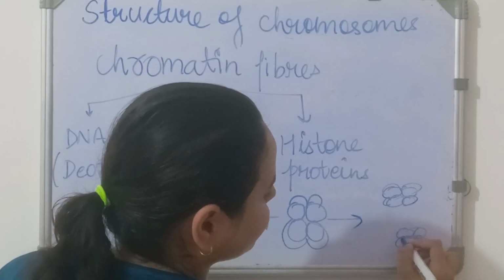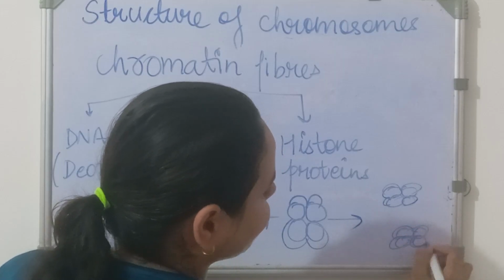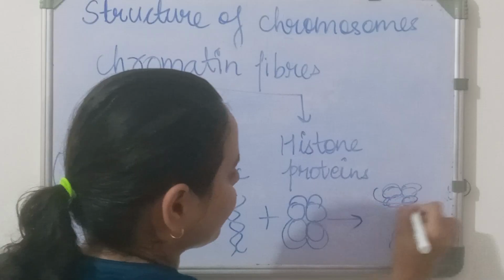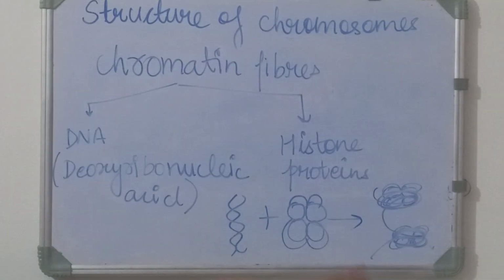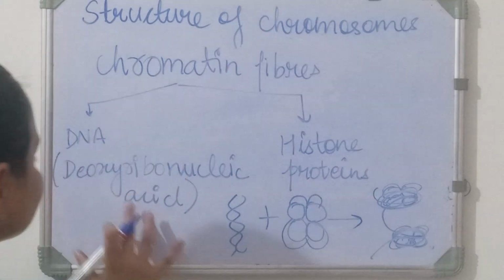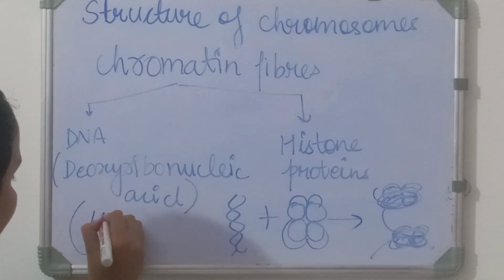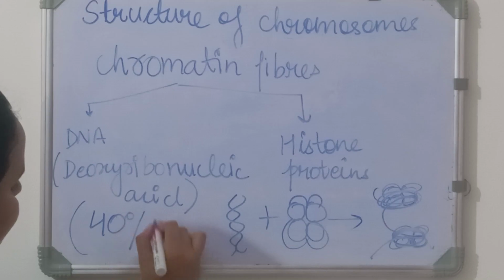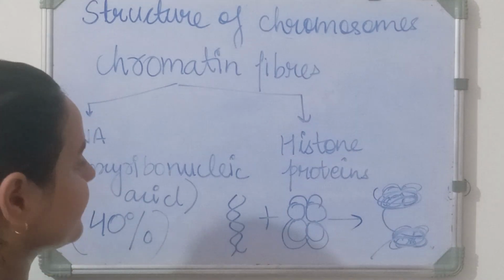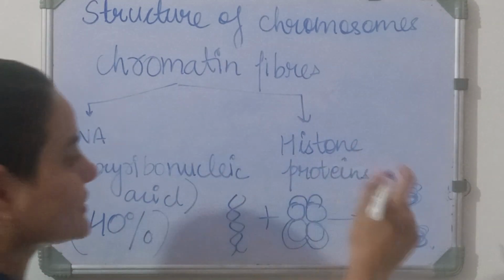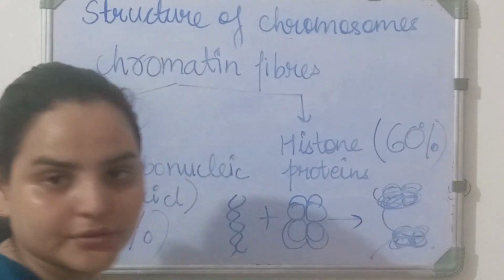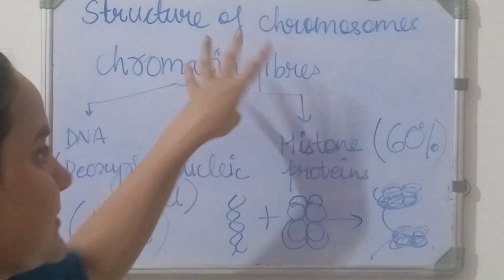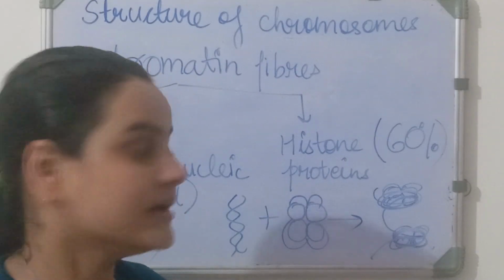I am drawing more histone proteins. So our DNA wraps around these histone proteins and they form the chromatin fibers. Now the amount of DNA present is 40% and the amount of histone proteins present is 60%. I hope this structure of chromosomes is well understood.